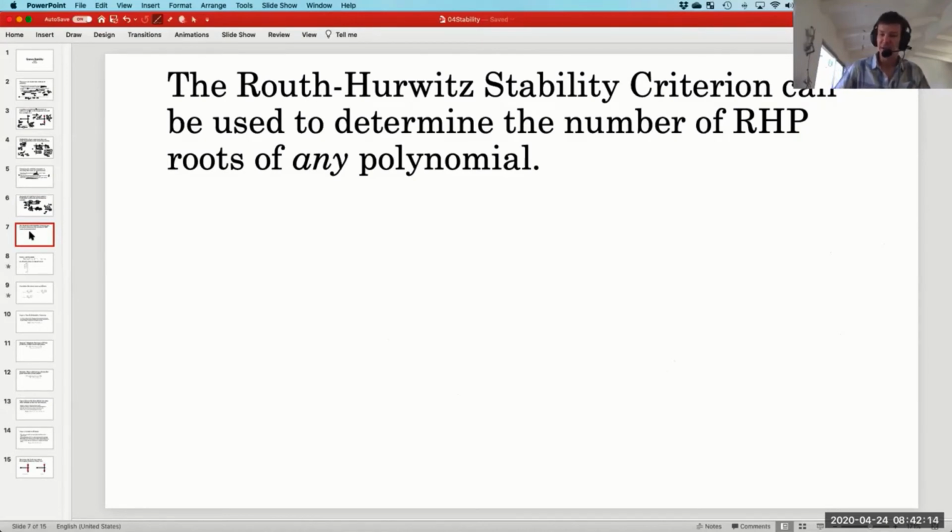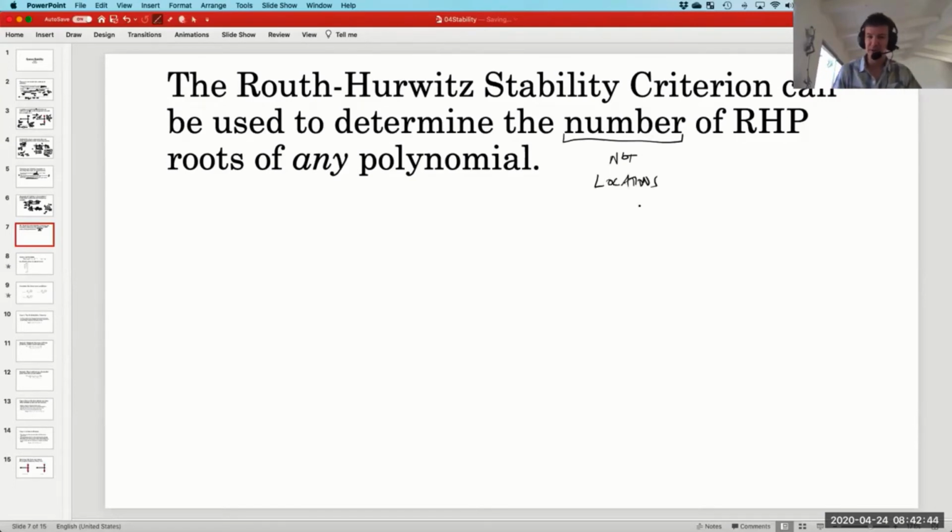Now you might think that that seems to directly contradict my statement from a couple slides ago, which says that you can't find the root locations of a fifth order polynomial in general. And I want to highlight the fact that this is not saying that. This is only promising you the number of right half plane roots, not their locations.